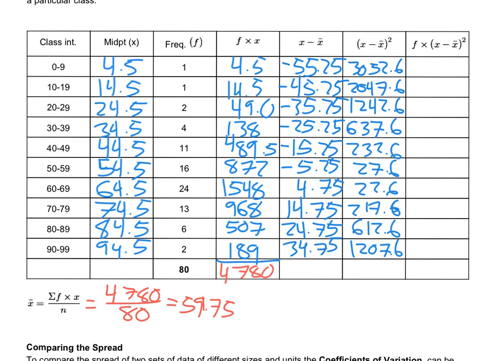Okay, and then we're going to multiply each of those numbers by the frequency for that last column. So the 3052.6 times 1, okay, 3052.6, and then so on and so forth, so fill out the rest.